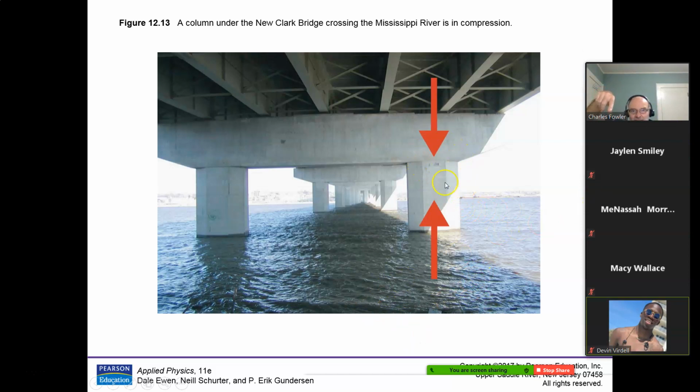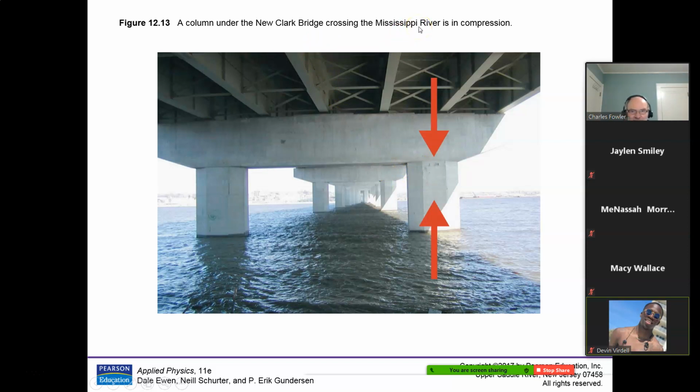Okay? Now, a big transfer truck rolls over right directly overhead. It's going to add to the pressure here. You want to make sure this concrete pillar has sufficient strength to support however many heavy trucks could be over it at that one time. So that's a column under the New Clark Bridge crossing the Mississippi River.